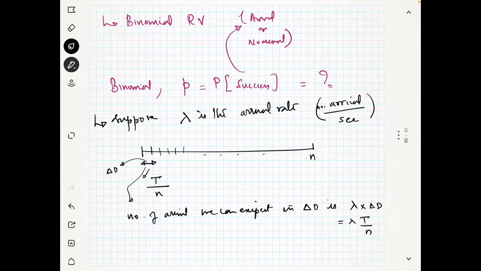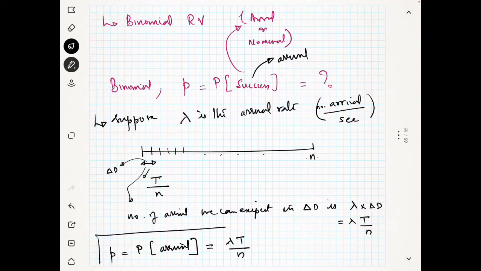So the probability of having an arrival, that means the probability of success or the probability of a successful arrival, we can represent as lambda into t by n.